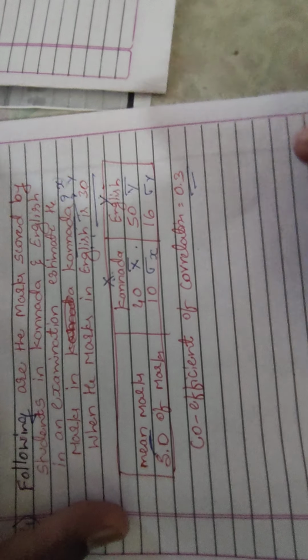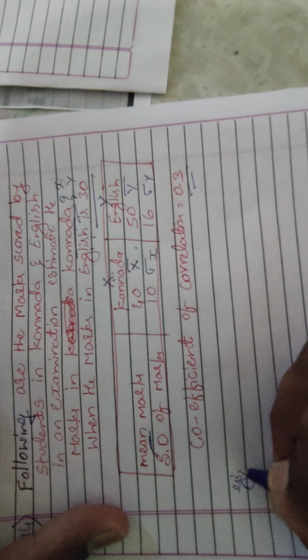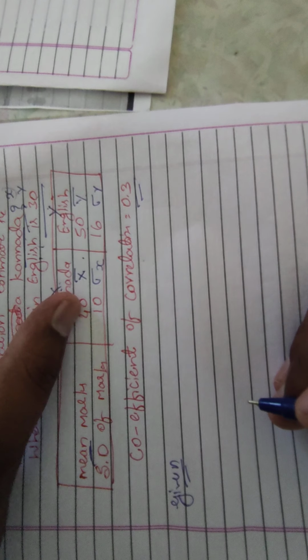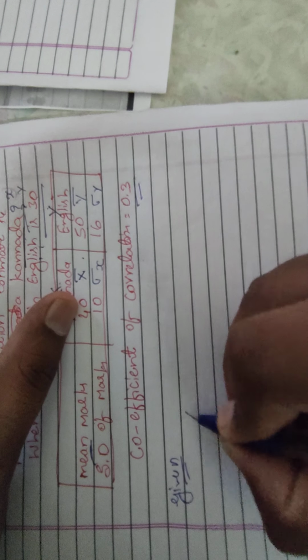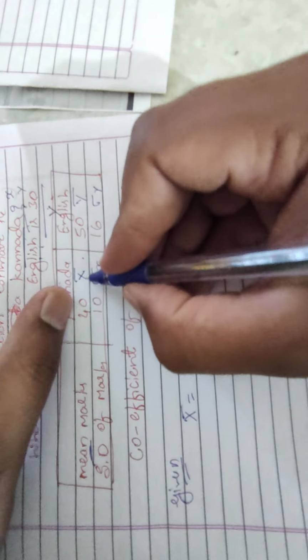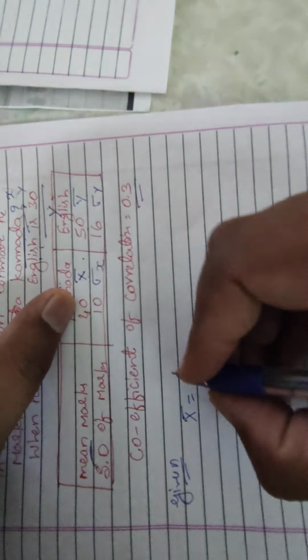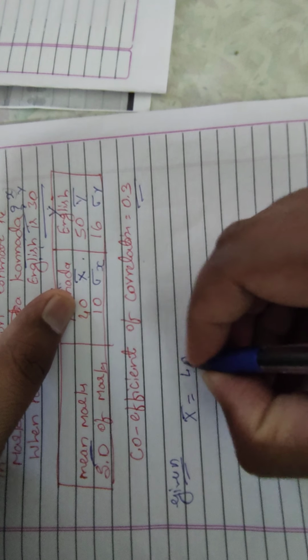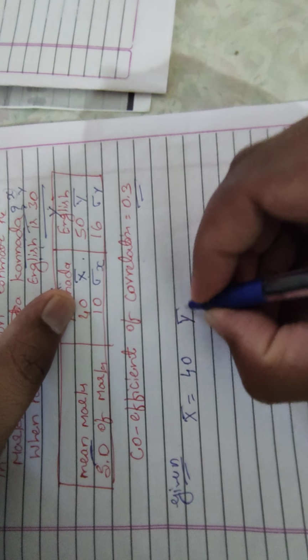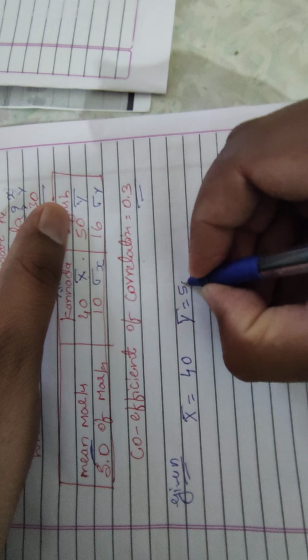So first we should write the given information. What is the given information? Mean, x bar means average: x bar is 40, y bar is equal to 50.